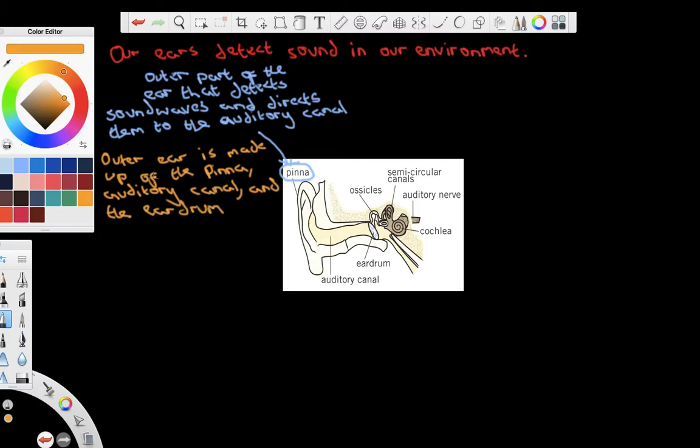So your outer ear is made up of the pinna, auditory canal, and your eardrum.